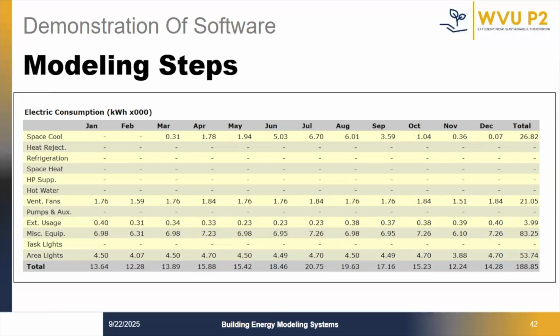The lighting load shows a seasonal pattern too, with higher winter usage, 4,500 kilowatt hours in January, likely due to longer operating hours. Most strikingly, space cooling alone represents 14% of annual electricity use despite only operating 6 months, highlighting a key opportunity for improvements through equipment upgrades or energy efficiency measures.